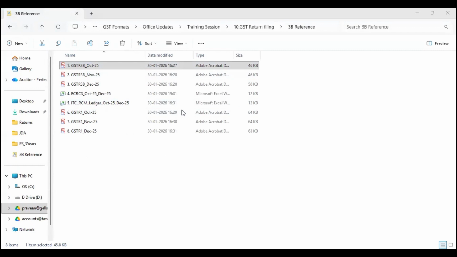Now, this is my form GSTR-3B, table 3.1, which talks about details of outward supplies and inward supplies liable for reverse charge, other than 3.1.1. So outward taxable supply other than zero rated, nil rated, exempted.